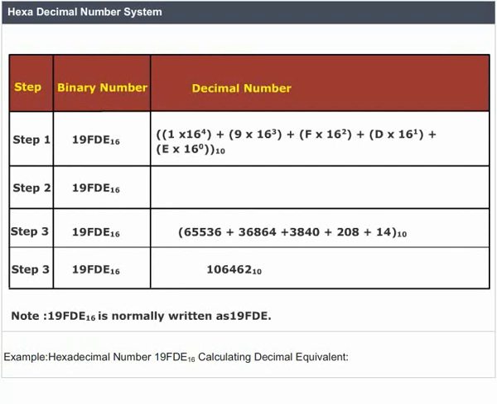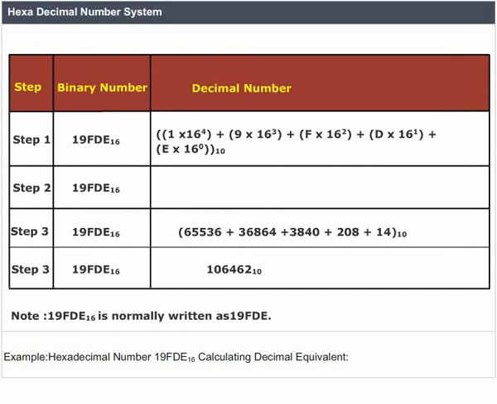Example, hexadecimal number 19FDE to the base 16. Calculating decimal equivalent. Step 1. 1 multiplied by 16 to the power 4 plus 9 multiplied by 16 to the power 3 plus F multiplied by 16 to the power 2 plus D multiplied by 16 to the power 1 plus E multiplied by 16 to the power 0, all to the base 10.